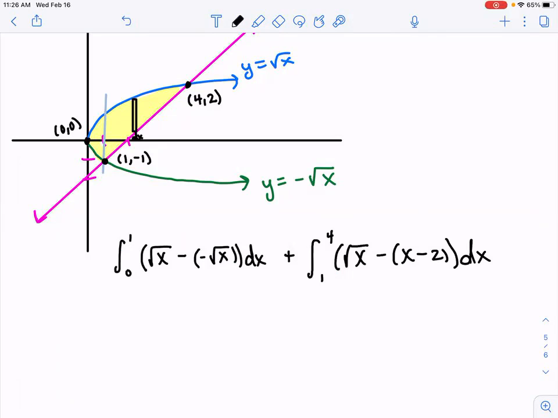Now over here, radical x minus negative radical x, same as 2 radical x.